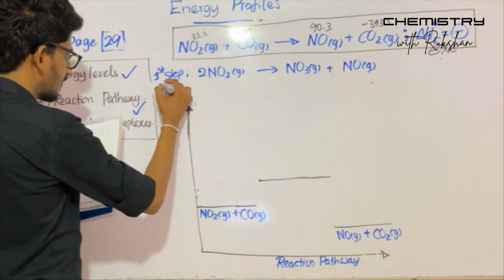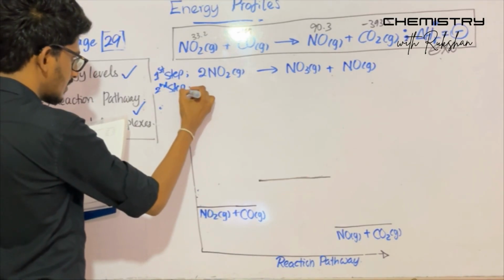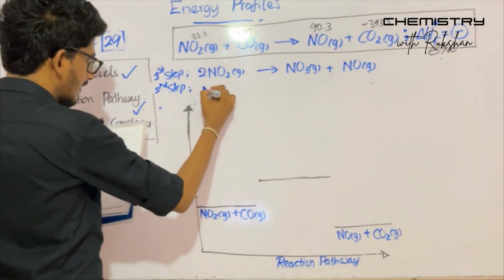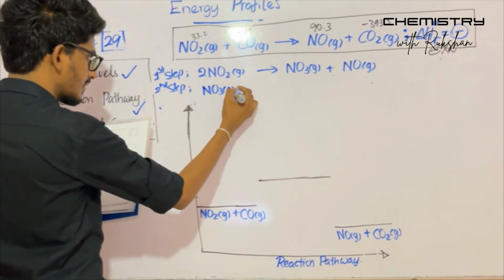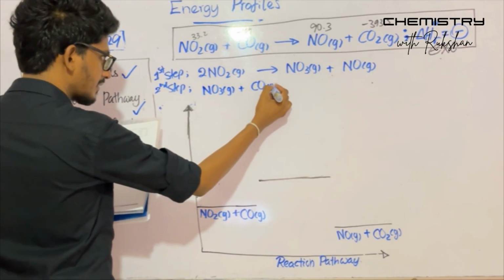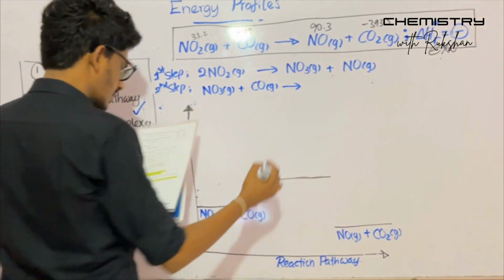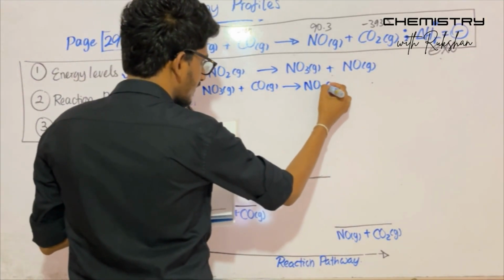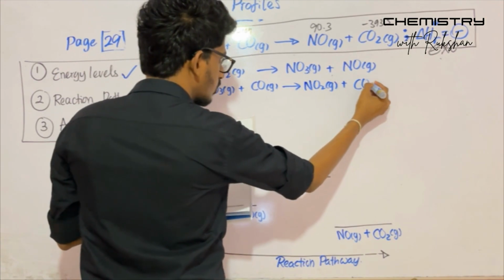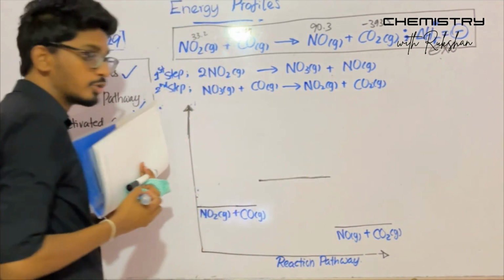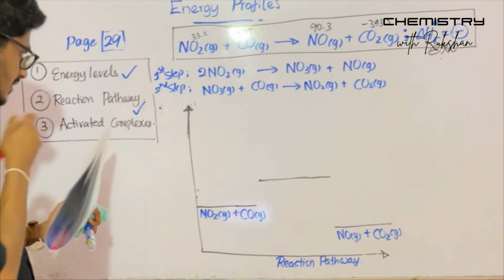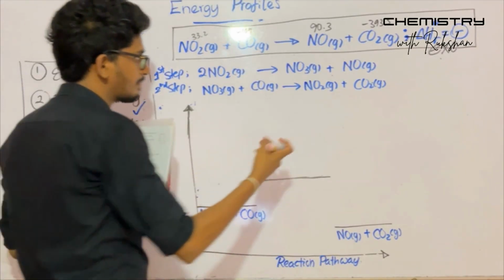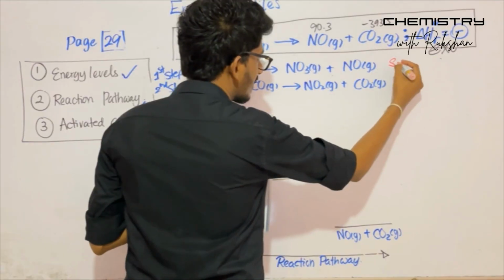And the second step is NO3 gas plus CO gas giving you NO2 gas and CO2 gas. Those are the two steps, and they have mentioned that the first step is the rate-determining step.